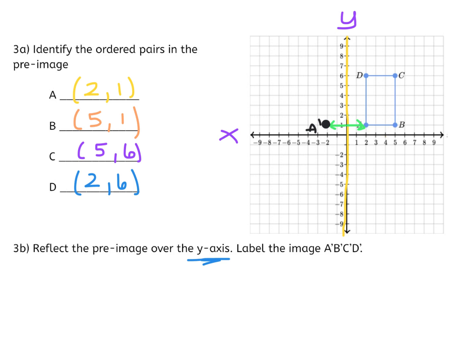Okay, point B is 5 places forward. So from the y-axis, reverse that and go 5 places back, and that is where B prime would be. Label that B prime. And then point C is 5 places forward, so we go to the y-axis and we go 5 places back.